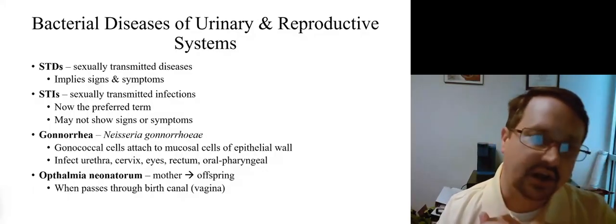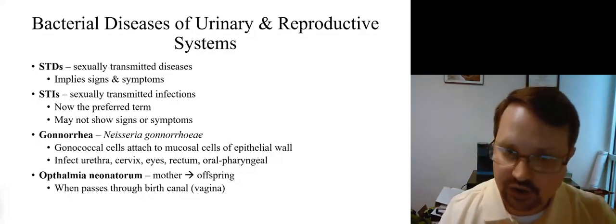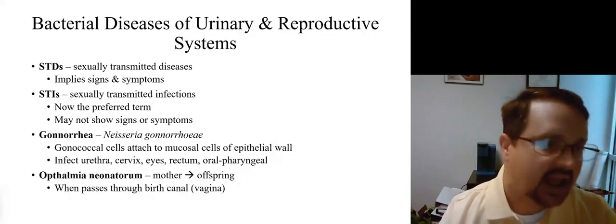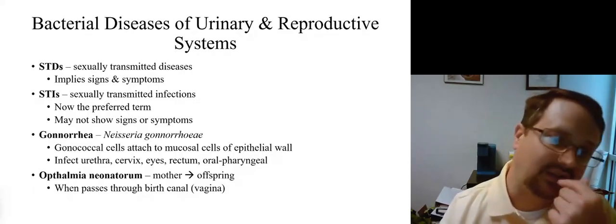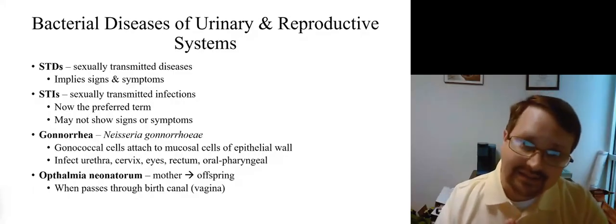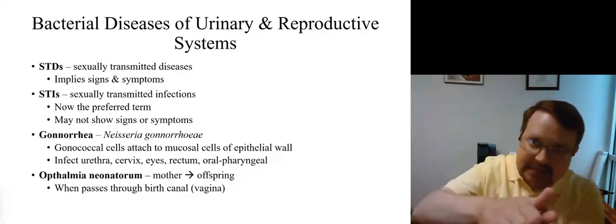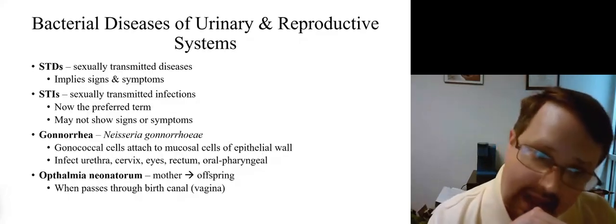Gonorrhea, Neisseria gonorrhoeae. It's gonococcal. It actually goes to mucosal cells and the epithelial wall of your tract. It can affect your urethra. They called it the clap. One of the ways they would treat it, they would take the penis, put the hand, and smack the heck out of it to squeeze the pus out. So that's why it's called the clap, we think.